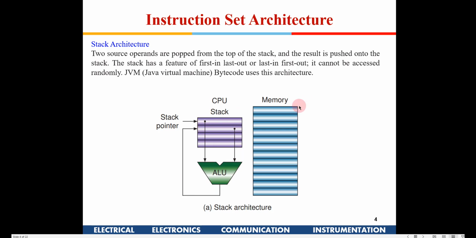Then you need to have other instructions from memory. Whatever you want to execute, you keep bringing to the stack in a serial manner, so everything happens through the stack. Hardware wise, this is only one stack and one ALU, but you have to keep getting the data from the memory to the stack. So this is one kind of architecture which we can think of.